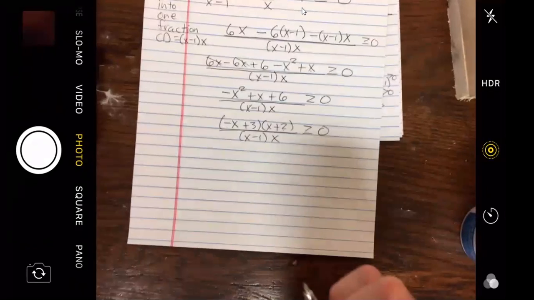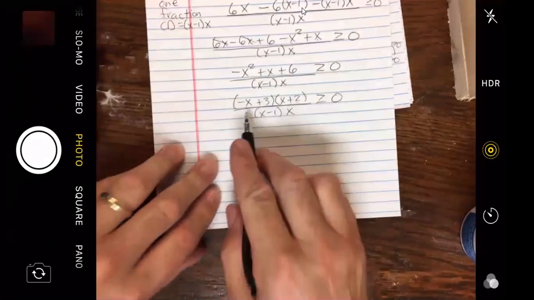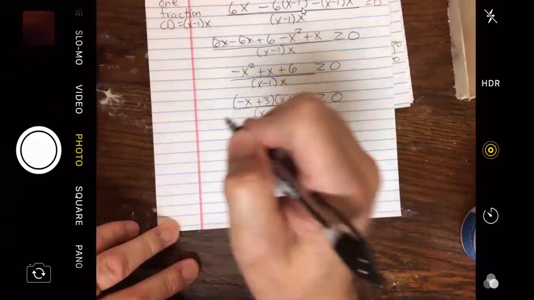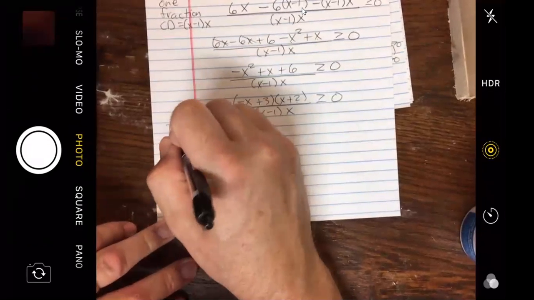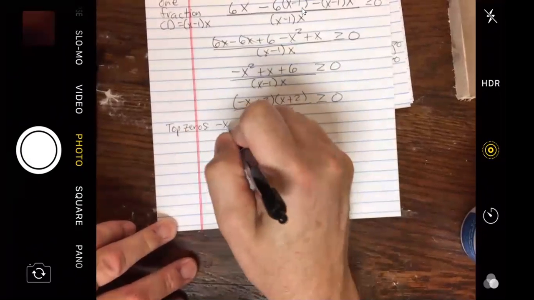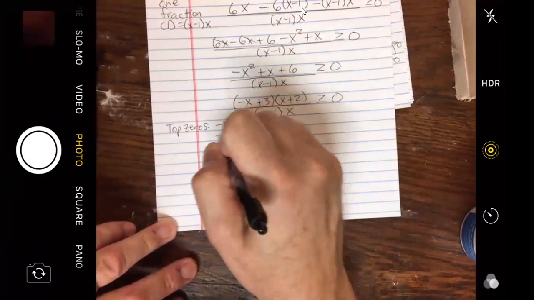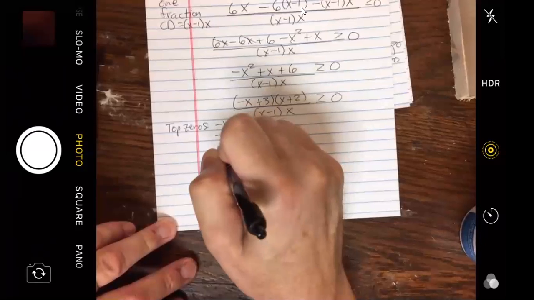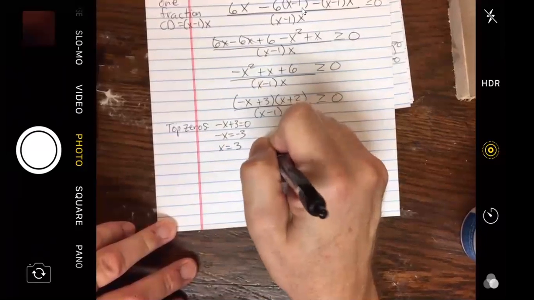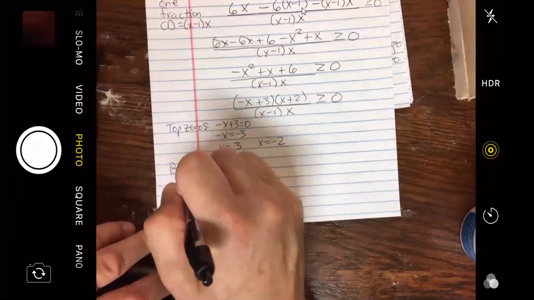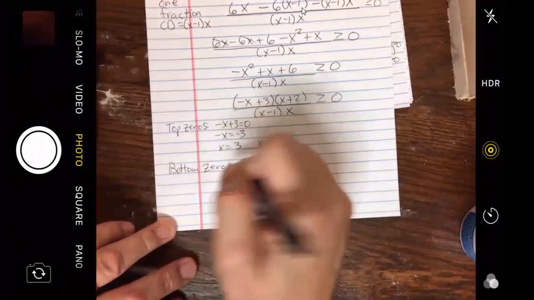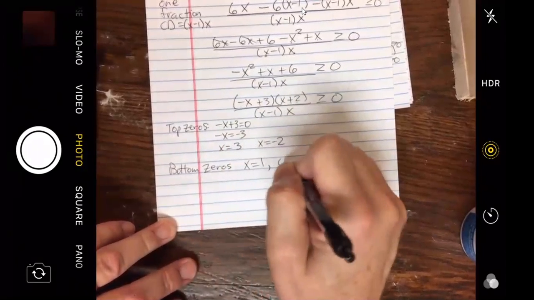Otherwise, you could have used the quadratic formula if you didn't want to mess around with it. Top zeros: negative x add 3 equals 0, negative x equals negative 3, x equals 3, and x equals negative 2. Bottom zeros: x equals 1 and 0 itself.